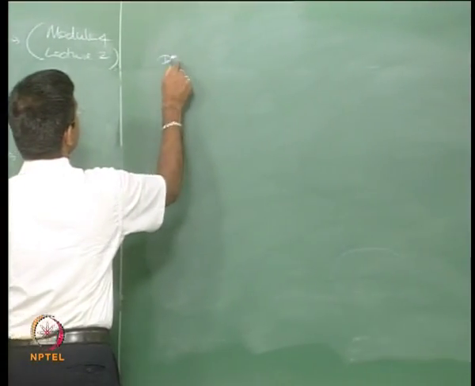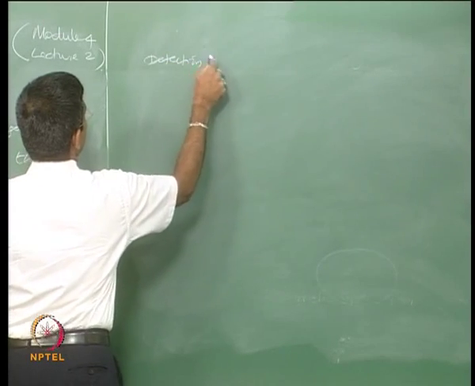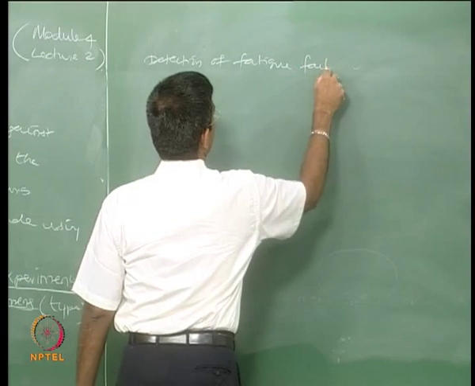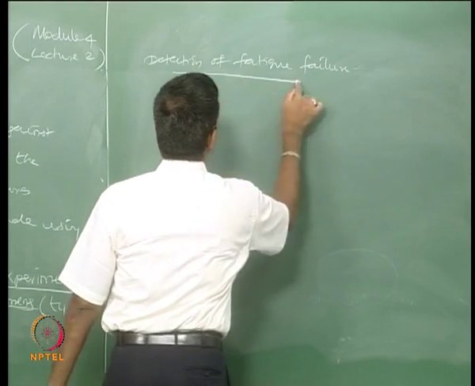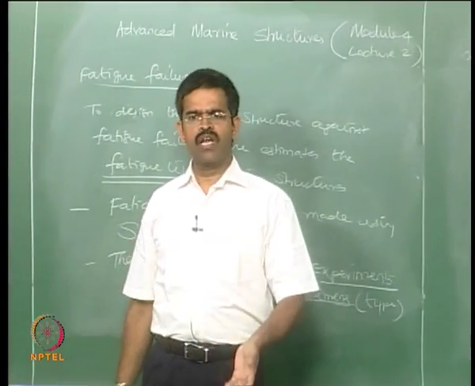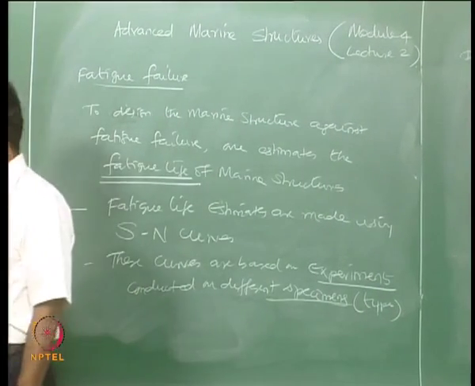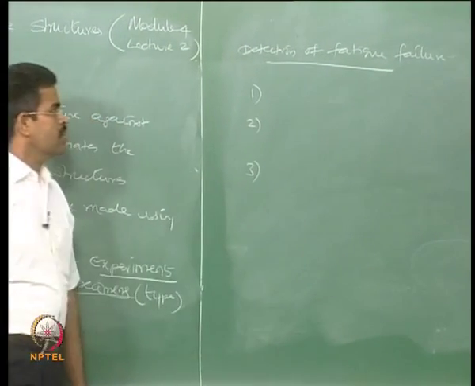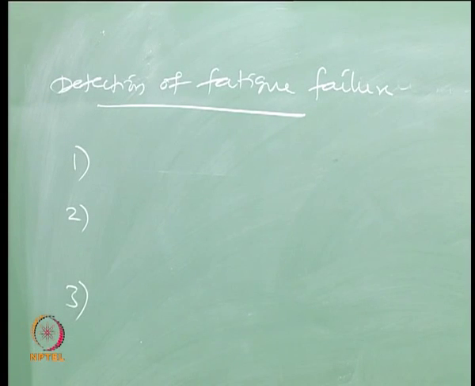How can one detect fatigue failure? How can one detect that the material or the member or the structure has failed by fatigue? Fatigue failure can be detected by observation in three ways.